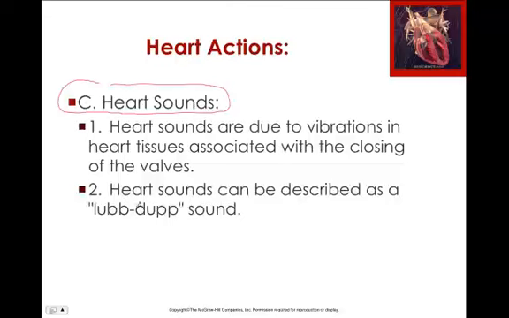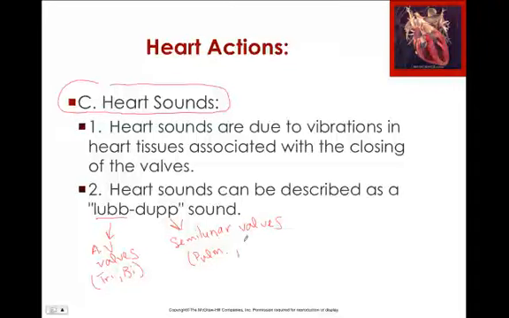And so, of course, then your lub, as you can probably guess, is going to be the closing of your AV valves. So again, especially remember we're talking about your tricuspid and your bicuspid valves here. And the dub is going to be the closing of the semilunar valves. So this is going to be, again, the pulmonary and aortic semilunar valves.